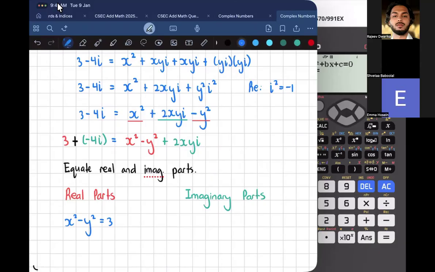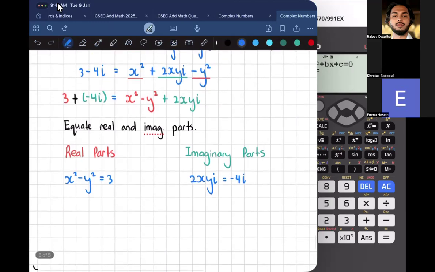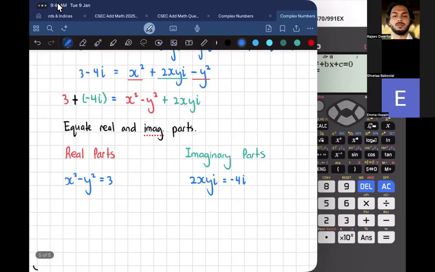But wait, I hear what you're saying, and I completely understand. I'll just show you in the next line. So you're telling me 2xyi is equal to minus 4i? No, 2xy is equal to minus 4. I was going to say you could divide both sides by i, and it'll just cancel off. That's valid as well.